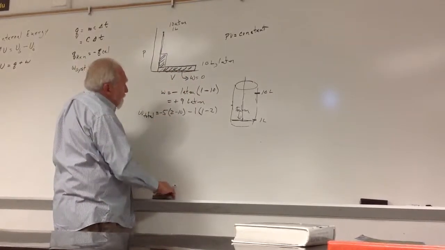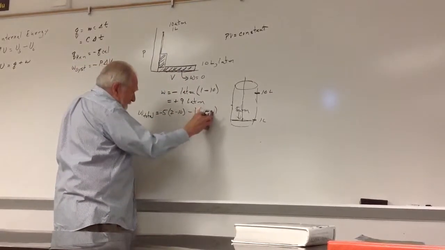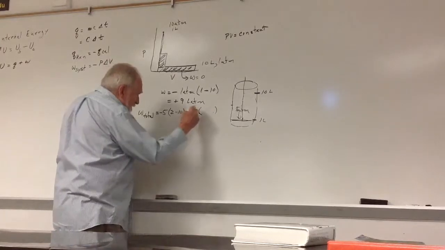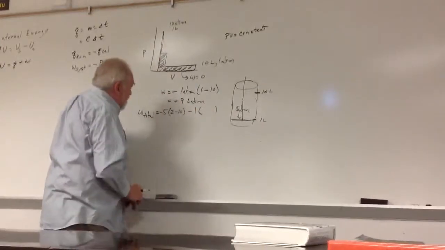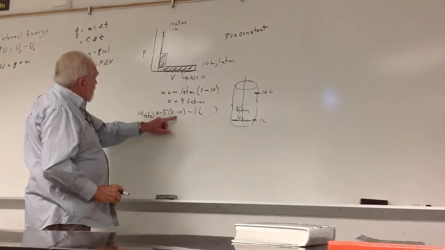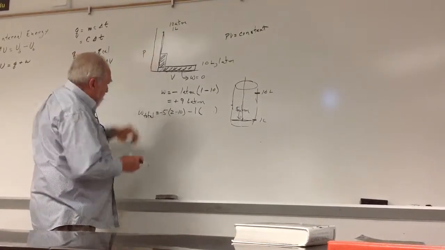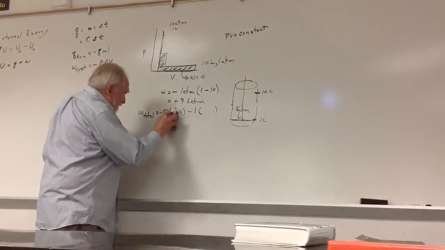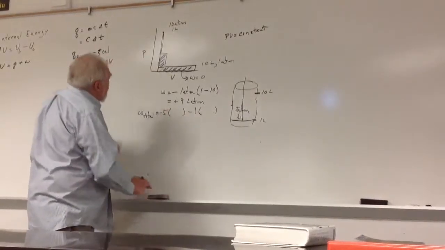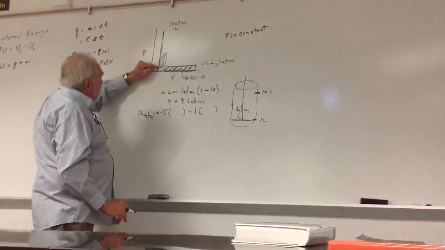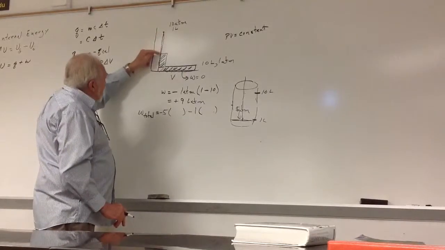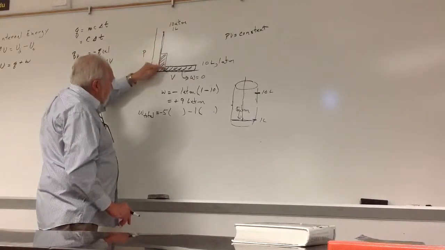Let's say it right. Here, I'm using delta V, so my initial volume was 1 liter, and my final volume, I get this right. In other words, the initial volume was 1 liter up here, and then it went to 2 liters.